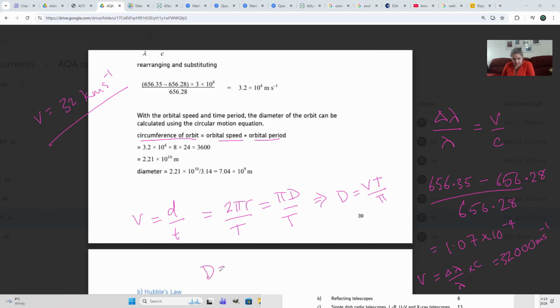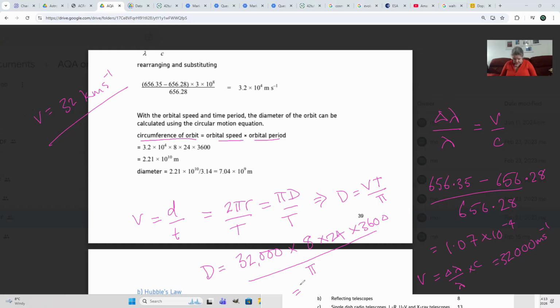So d then is equal to the speed, which is 32.123, times the period, which is 8, but that's in days and we need it in seconds. So it's 8 times 24 hours in a day times 3,600 seconds in an hour, divided by pi, and that gives us the diameter of the orbit.